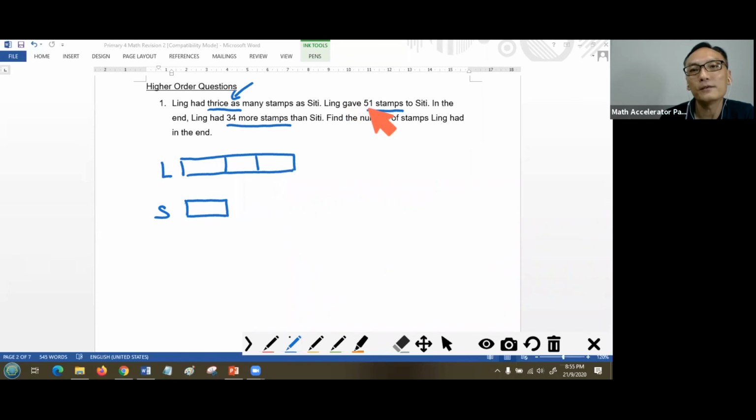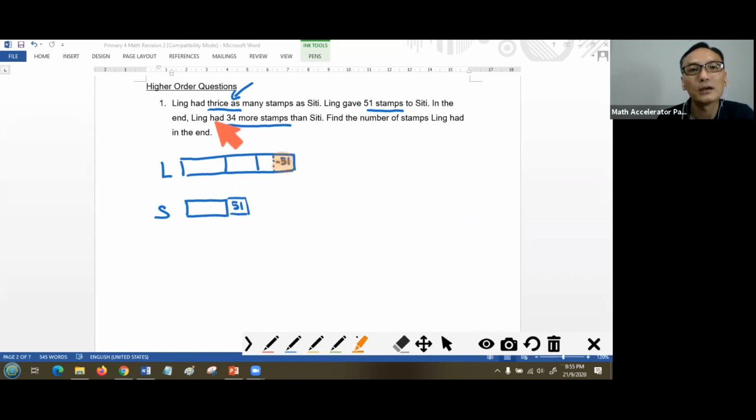Ling gave 51 to Siti. So here we add 51. Here we minus 51, right? I'm going to do some highlighting to indicate that this was given away.